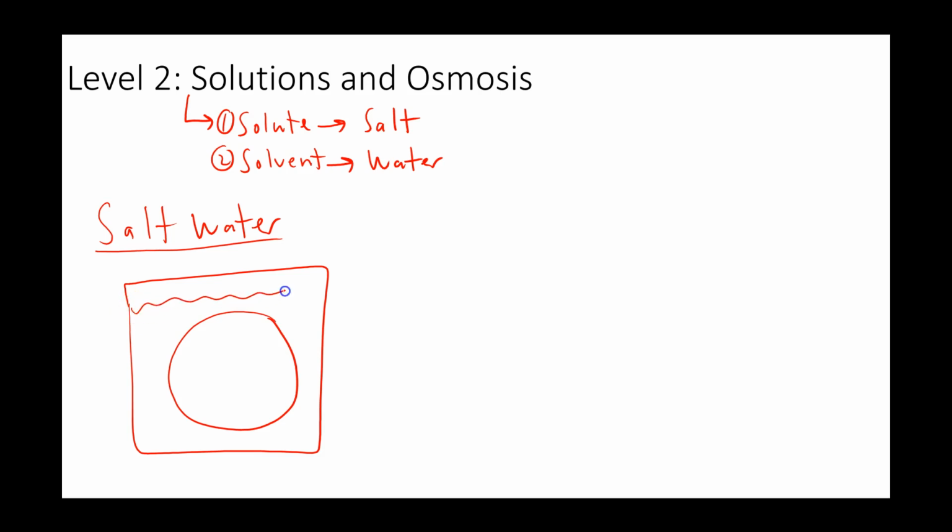So if we filled that beaker up with water and we took a look inside the cell, we could define the amount of solute in the solution that makes up the inside of the cell. We can define the amount of solute in the solution surrounding the cell. So this is getting to the vocabulary that we talked about, tonicity.